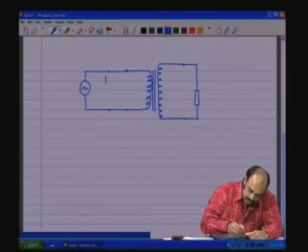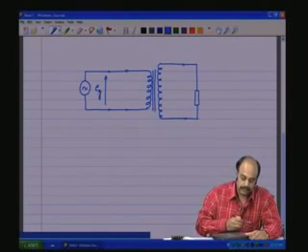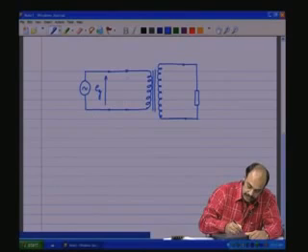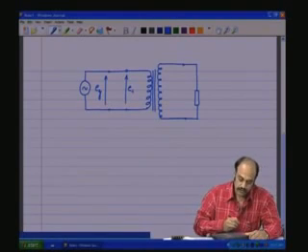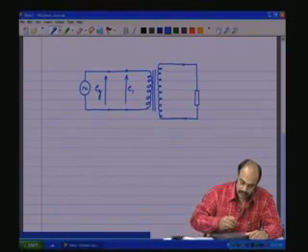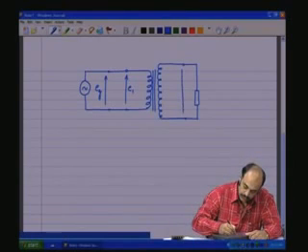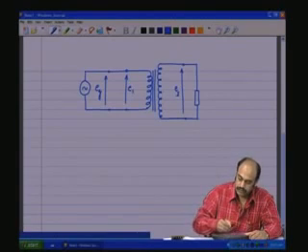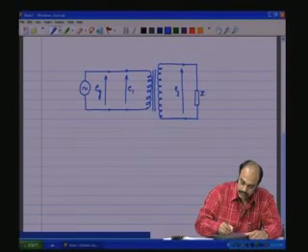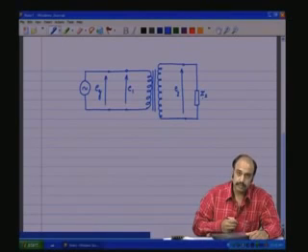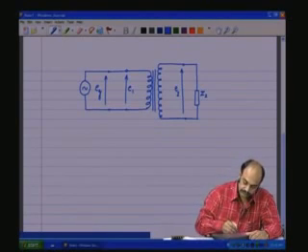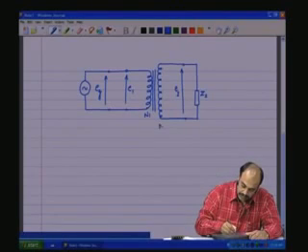So, this is our EG, generator voltage. This is E1, the primary induced voltage across the primary of the coil. There is an E2, the secondary induced voltage across the secondary of the coil. This is Z2, the secondary impedance that is applied across the secondary terminals. We have N1 number of turns here, N2 number of turns here.